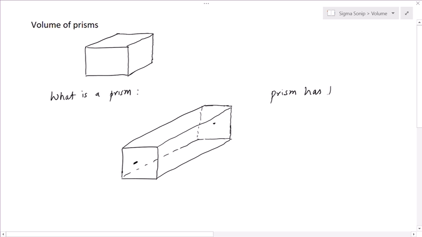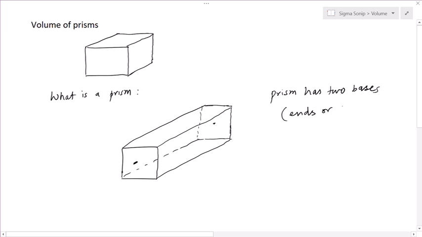So a prism has two bases. Sometimes you call them two ends as well, or sometimes faces. So you might have end faces, something like this.